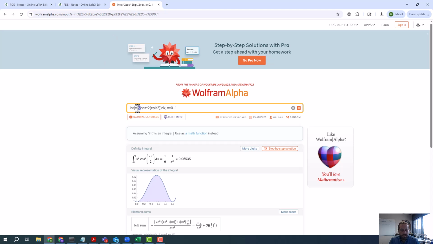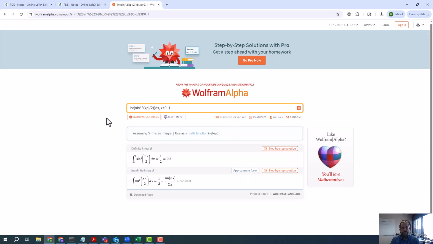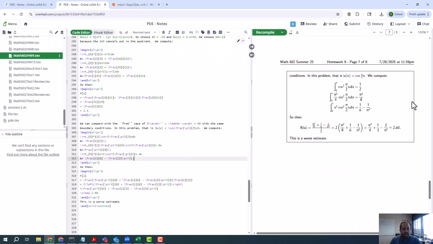So let's go back just to double check this. This integral should be 1/2. I don't know why I'm having to check this. So pi squared over 4 times 1/2 gives us pi squared over 8. That seems right.